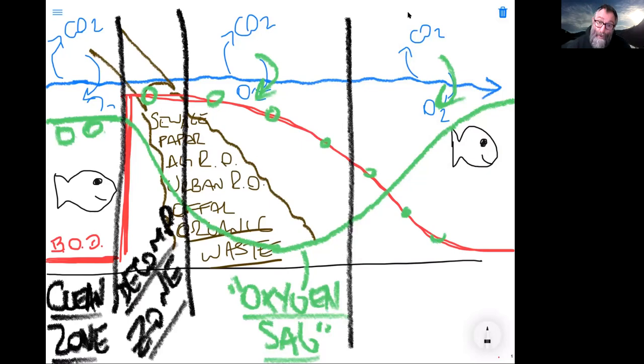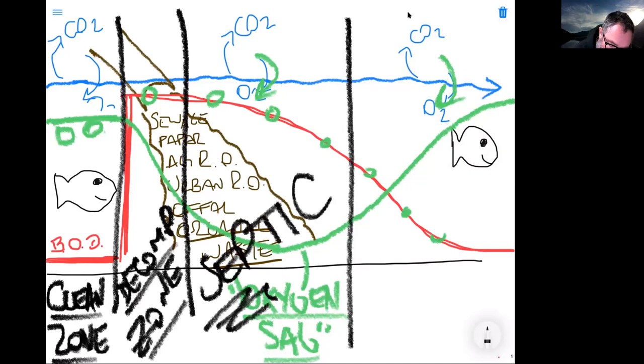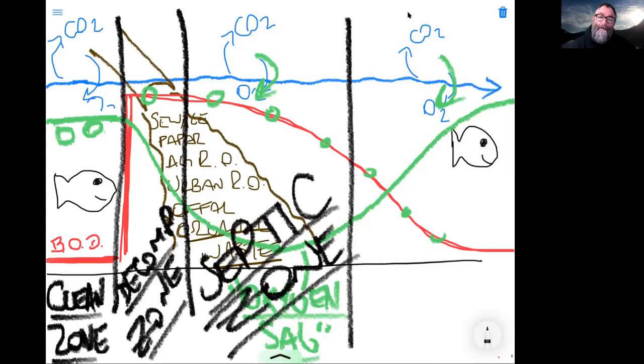There's a few terms for this. I'm sorry, but there's a lot of different words that are used by different people who speak different versions of English. So the most common is septic. That means no oxygen. That's a septic zone.